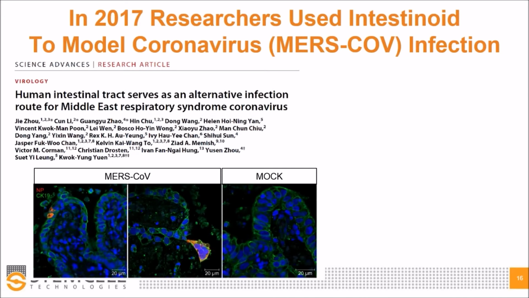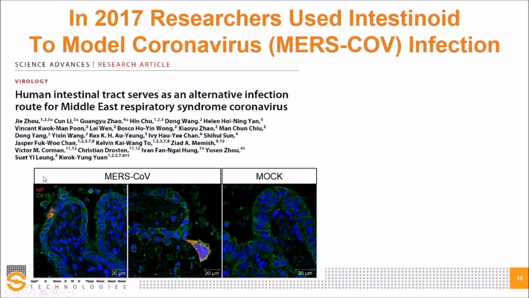Scientists have also previously used intestinal organoids to model coronavirus infection. In 2017, this group studied how MERS, another coronavirus that had its outbreak in 2012, interacts in the intestinal epithelium.